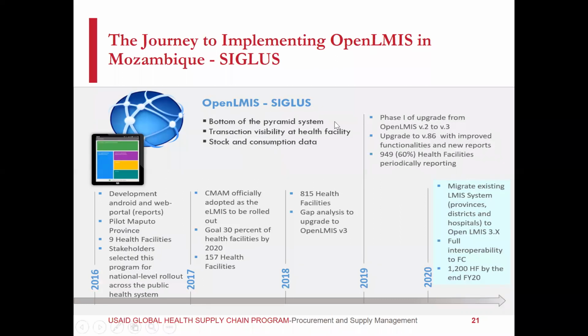So we upgraded to mobile application version 8.6, which improved functionality and added new reports. And in this year, we increased to 940 health facilities periodically reporting data. We are talking about 16% of all health facilities. Fantastic, huh?